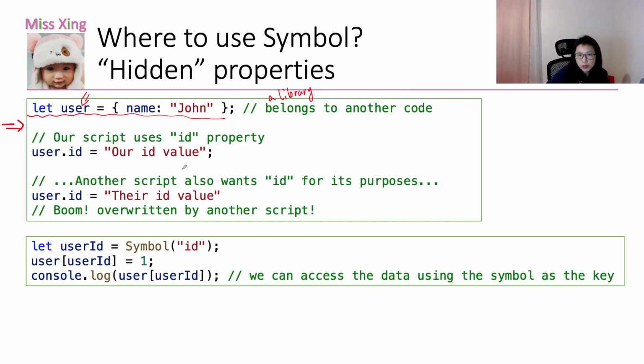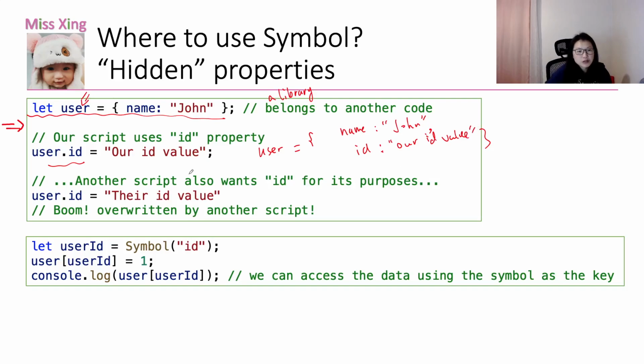And in your script, which is the script you use, you extended the user. You did something like this: user.id equals our ID value. After this line, what's going to happen? The user will still be an object, right? But it's going to have two properties. One is name, which is John. And the other one is id, which is our ID value.